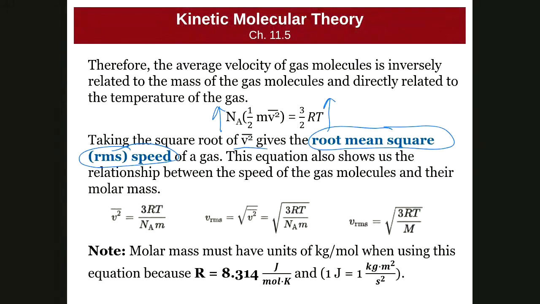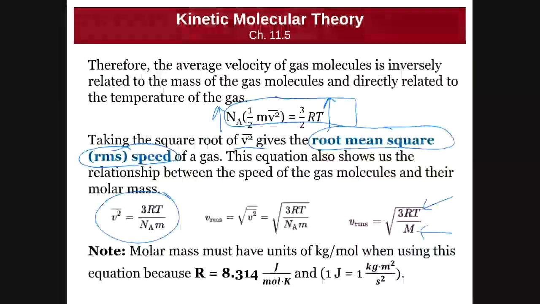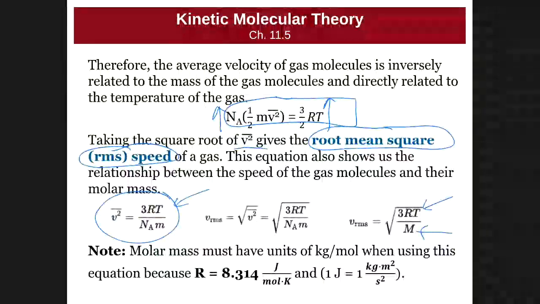This equation also shows us the relationship between root mean squared speed of the gas and their molar mass. So temperature is in here and molar mass is in here. And we got this equation by moving everything around from this equation in order to get the average velocity squared by itself.